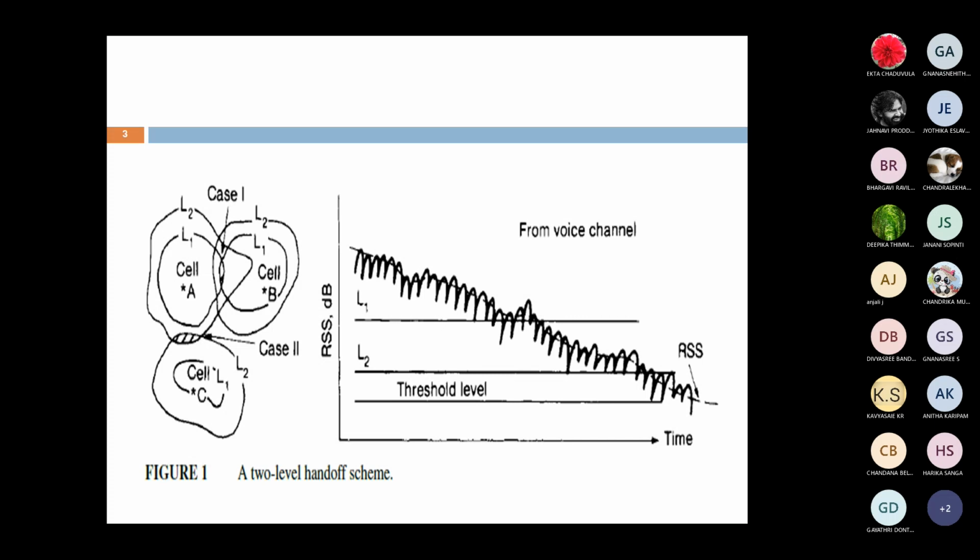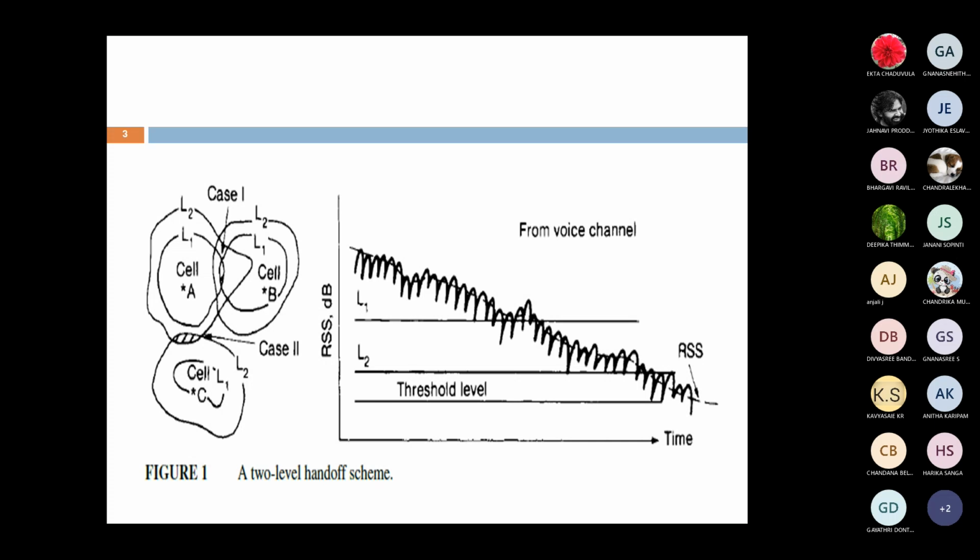Case 1, see this one. Suppose the mobile unit has a call under process within cell A, and it reaches level 1 first. The first handoff is raised. If no new channel is allocated to the particular mobile unit, then the mobile unit reaches L2, and the second handoff request is initiated. The first request initiated at L1 is delayed because there is no new channel.